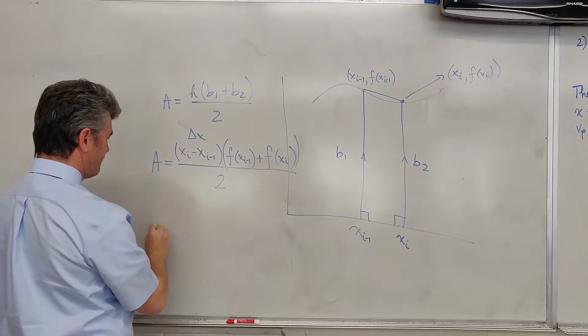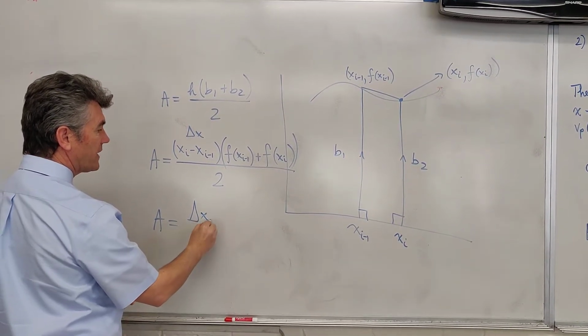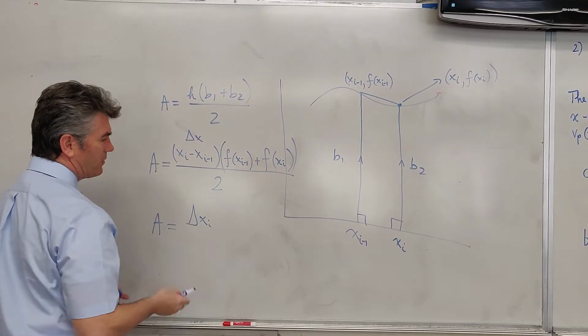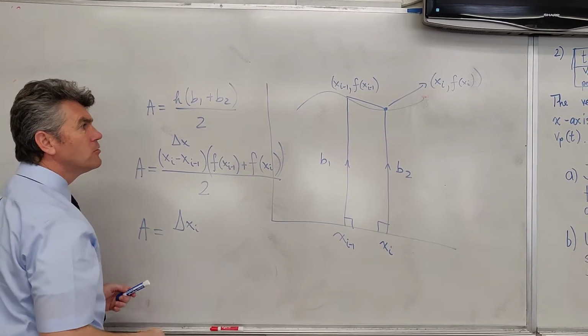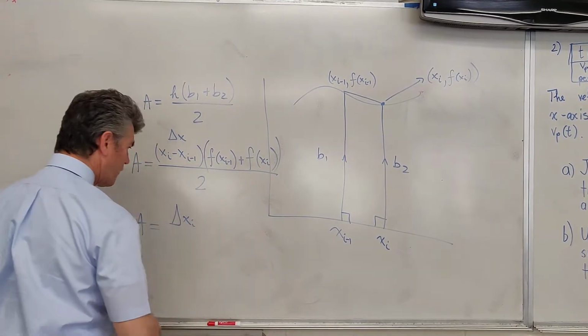So that's it. If you want to rewrite it, here is just the change in x sub i, and that's the only thing that would be different. We're going to use this formula to approximate the area under that curve.